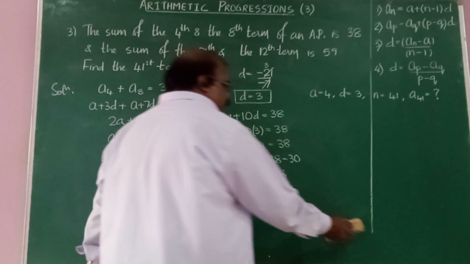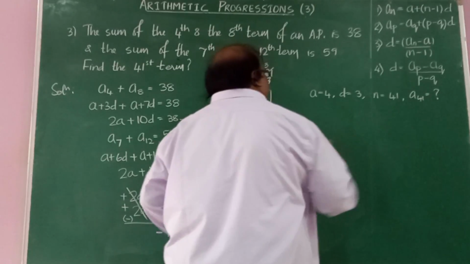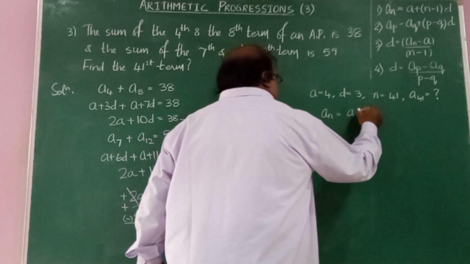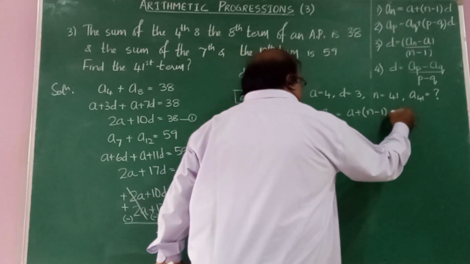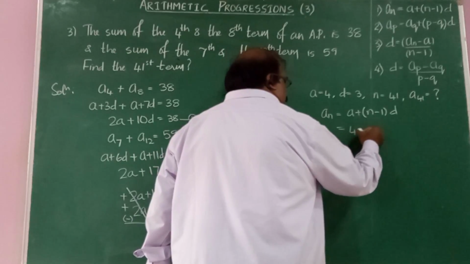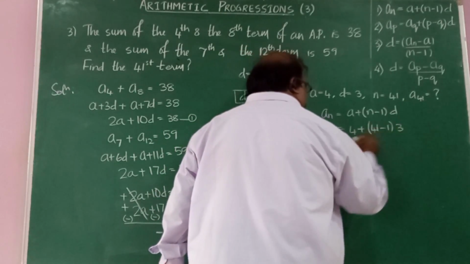What did I ask you to find out? What is the 41st term? So let me find out what is the 41st term. Use the formula. An is equal to A plus of n minus 1 into d. So you get 4 plus 41 minus 1 into d.